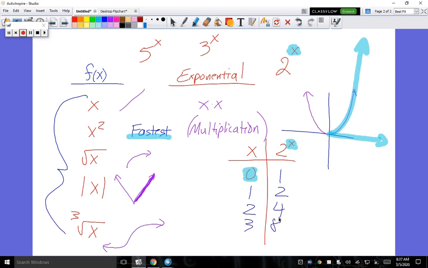If x was 4? 16. What am I doing each jump that I go down? I'm doubling it. And the reason why I'm doubling it is because the base is saying that I'm doubling it. You with me? Okay. So let me ask you this. What would I be doing here?